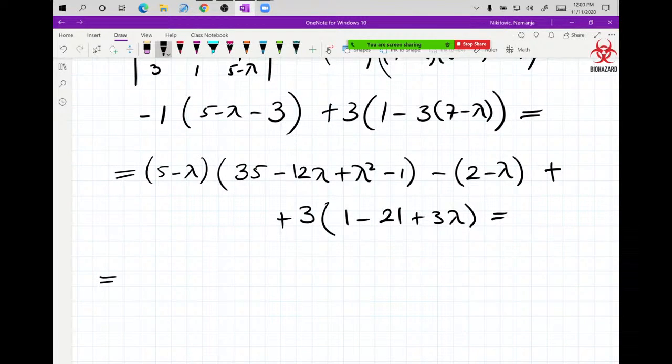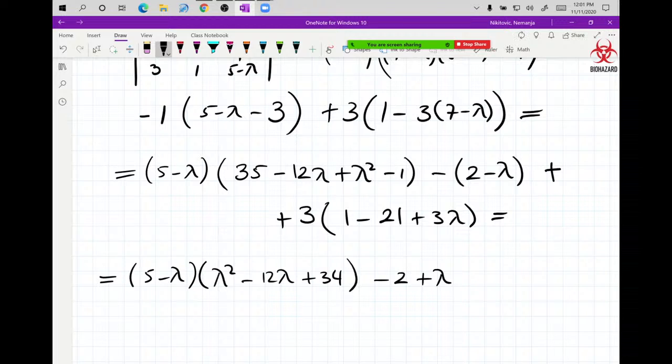Now, 5 minus lambda times lambda squared minus 12 lambda plus 34. And then we have minus 2 plus lambda. This over here is negative 20. So we have negative 60 plus 9 lambda.